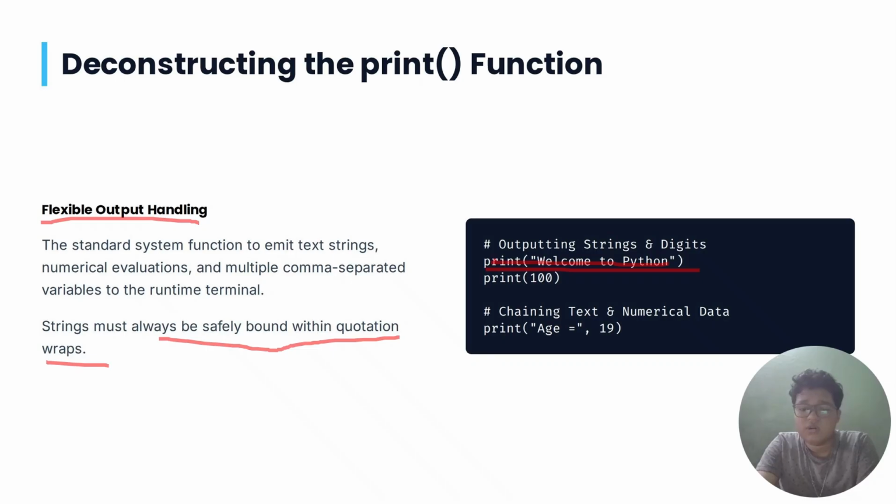Here print and bracket 100, it prints the digit. Chaining text plus numerical data, here it gets printed as age equal to 19.